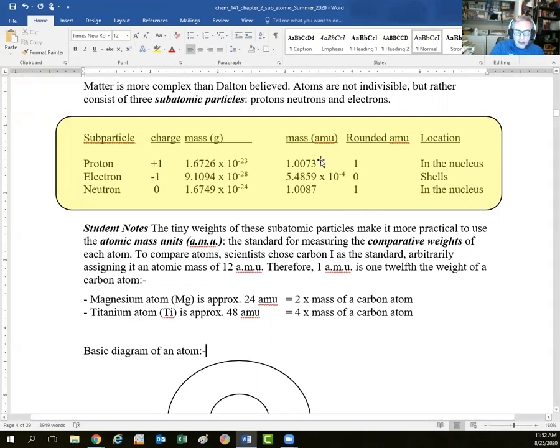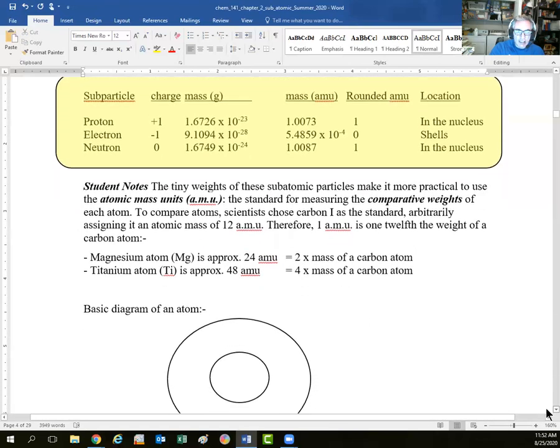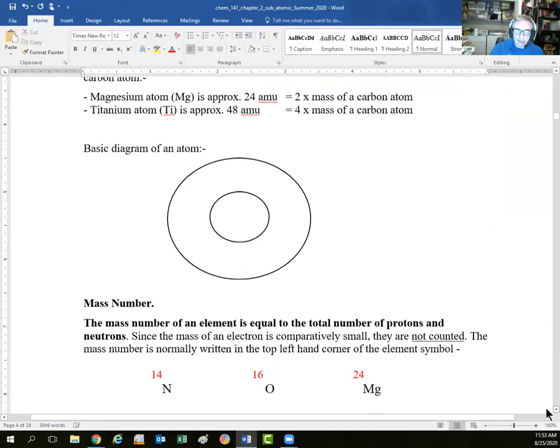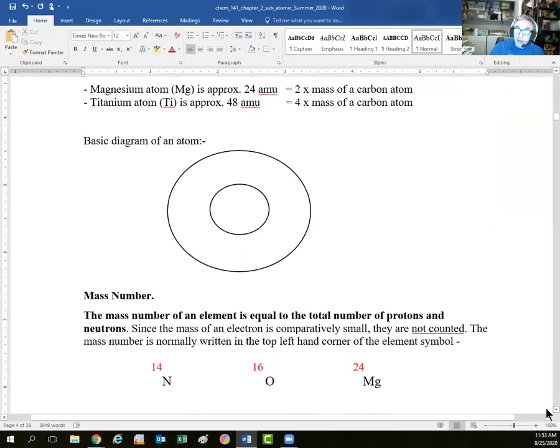So these are our atomic mass units, AMU. This is just an arbitrary scale. So we compare an atom of magnesium, giving us 24 AMU. We can say that an atom of titanium at 48 is twice as heavy. We'll get into actual mass measurements by gravity when we hit chapter 5.